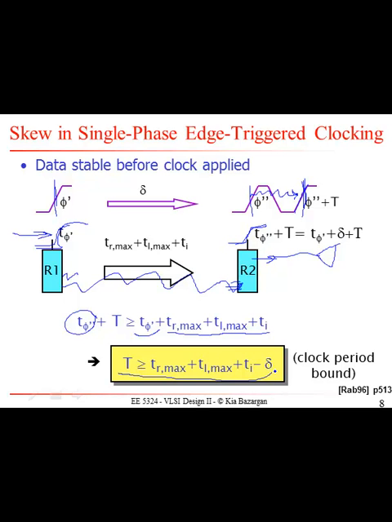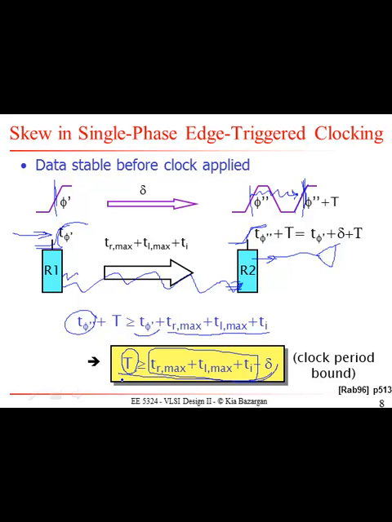Now, if your delta is going to be negative here, then basically what happens is that the delta is going to add to this part a positive number, and that means you have more slack in terms of your delay. You have more slack for your latency.